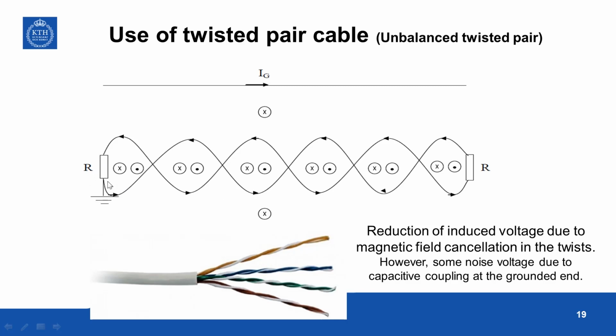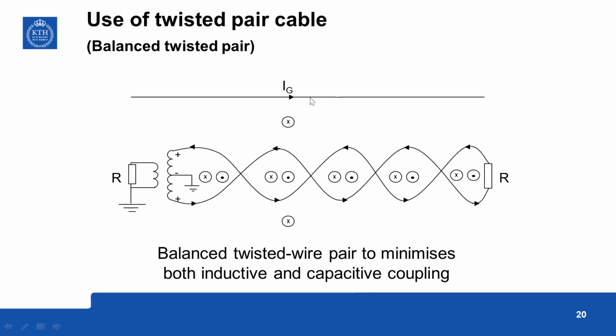Even that capacitive coupling can be eliminated if you use a balanced twisted pair. The idea is not to connect the resistance directly, but some sort of a transformer where the central part is connected to the ground. Then when you have this capacitive coupling, the currents are injected here and coming to the ground, positive and negative, and the currents are injected into this.